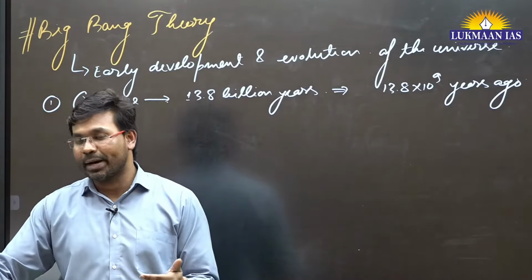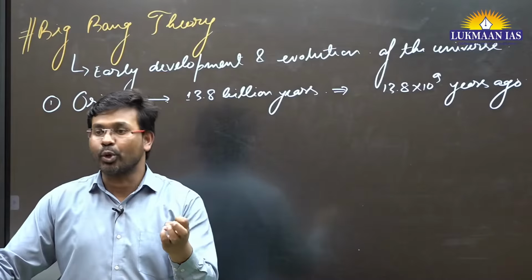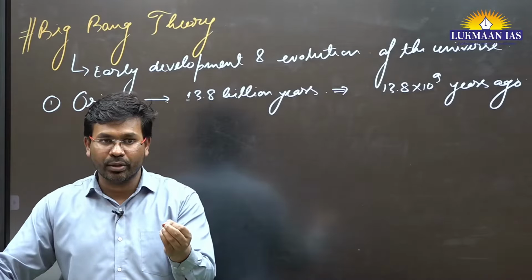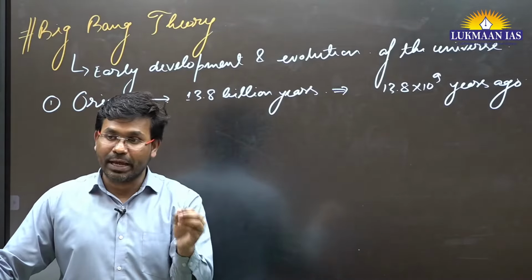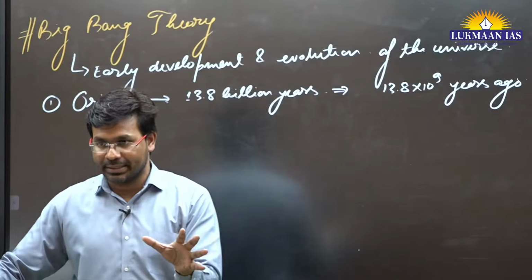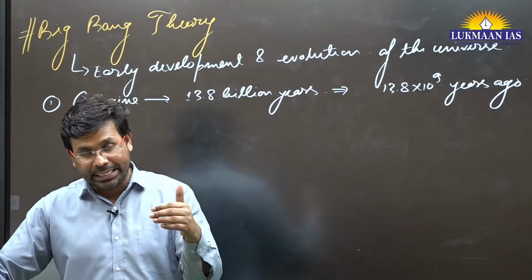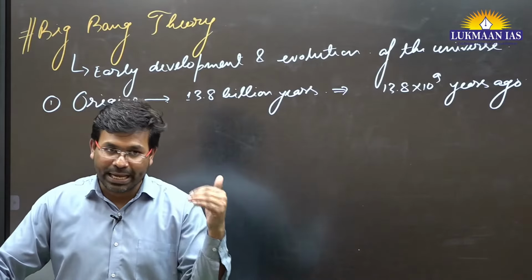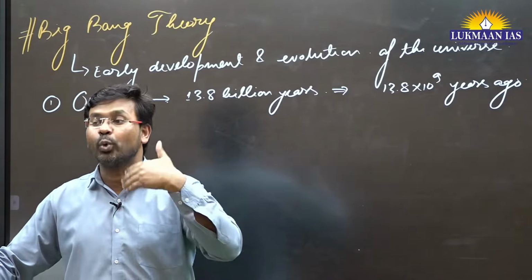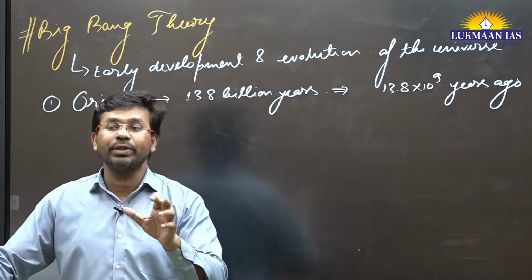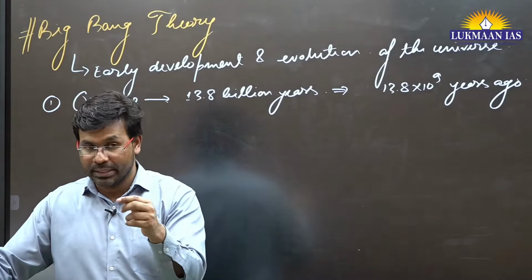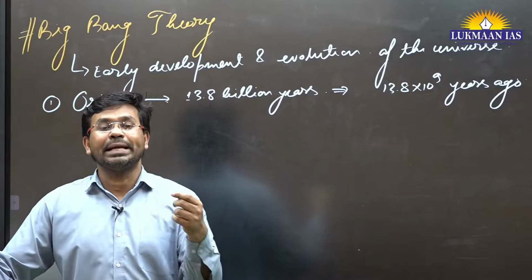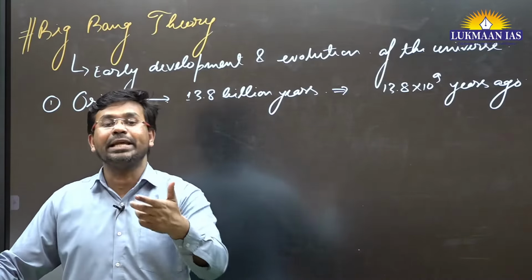What are subatomic particles? For example, the proton, neutron, electron, right? These things were formed then, but at that point of time, atoms did not exist. Later on, as the universe cooled down, it led to the formation of atoms also. The earliest atoms that were formed are of hydrogen and helium.